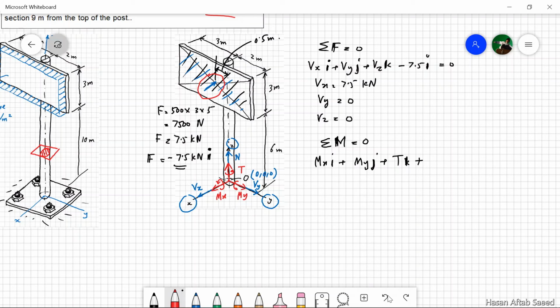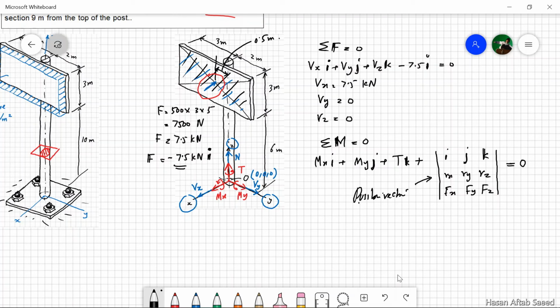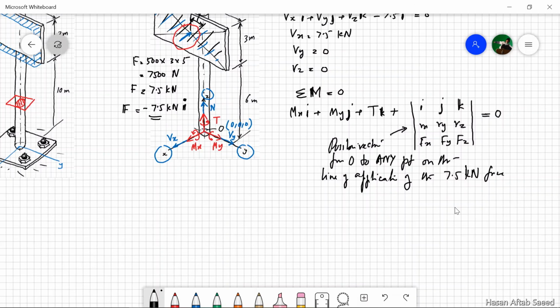And that will be given by a simple cross product i j k, rx ry rz, Fx Fy Fz, and this must be 0, and here this is the position vector from O to any point on the line of application of the 7.5 kilonewton force. We can simply figure that out.